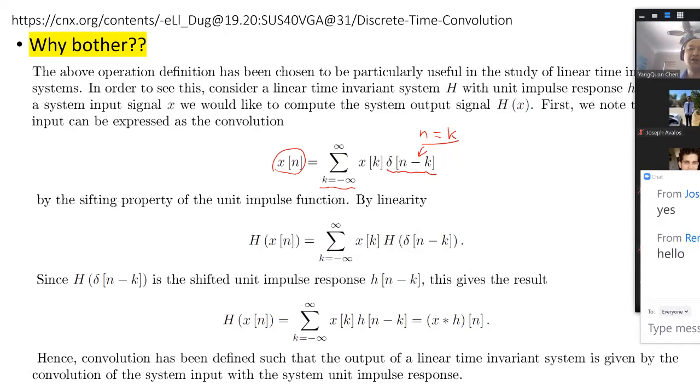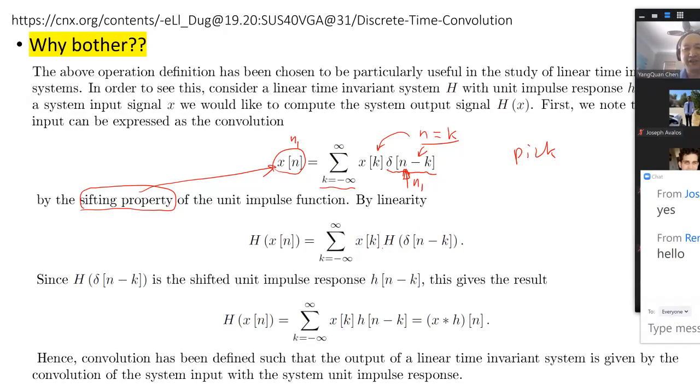This is called sifting: you pick up that specific point of the x array by specifying which one you want. I want n1, then this is x[n1], right?